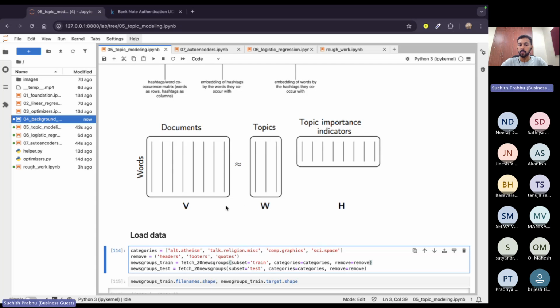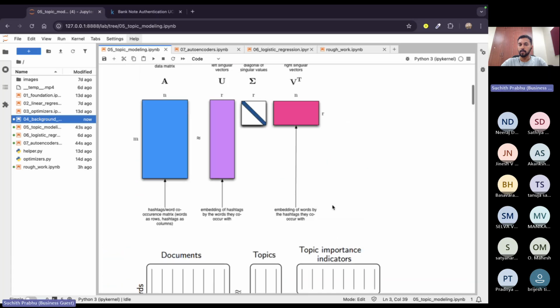Then we'll define a loss function that W into H should be equal to V, using MSE loss. Then we'll perform SGD and come up with this W and H directly.